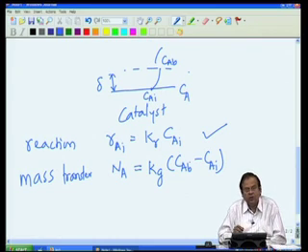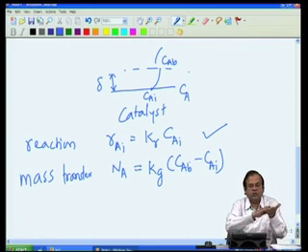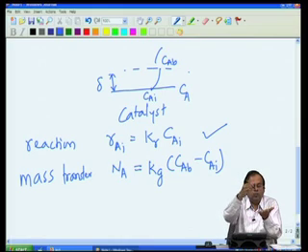So, what is happening? So, let us say that this is my surface, the gas is flowing from the bulk or the boundary layer thickness to the surface, and it is reacting on the surface.